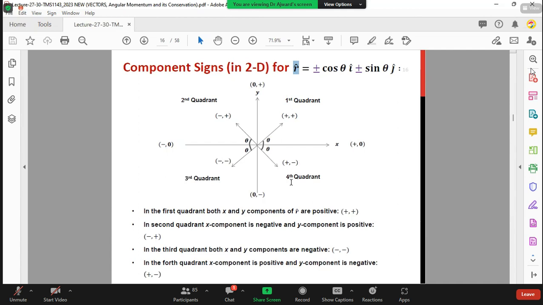Depending on the quadrant, the sign of your r hat, the x component and y component, is either plus plus, plus minus, or minus minus, depending on which direction your r hat unit vector is pointing. Right. All right.